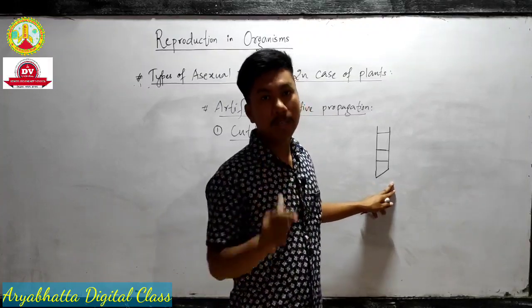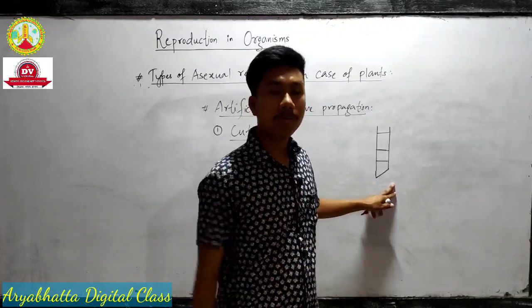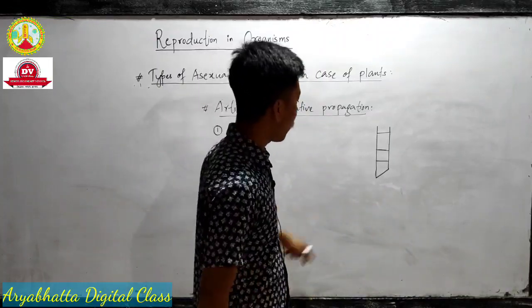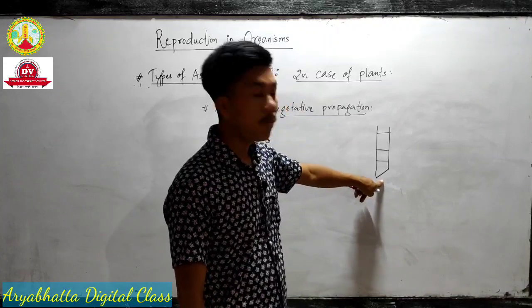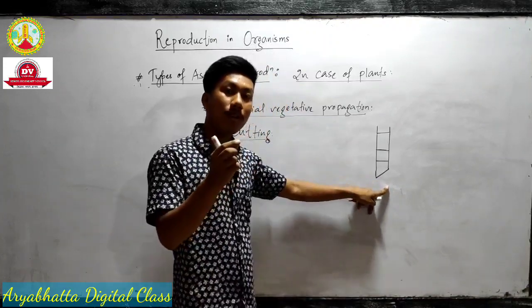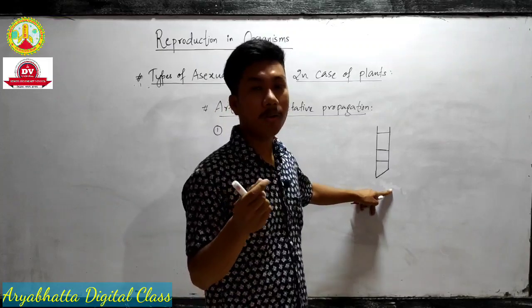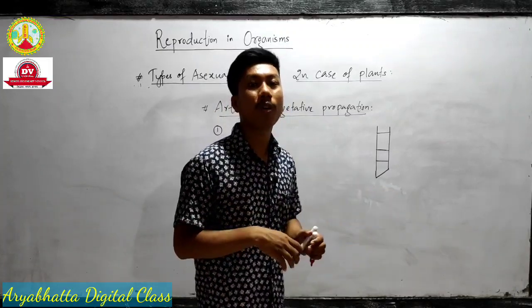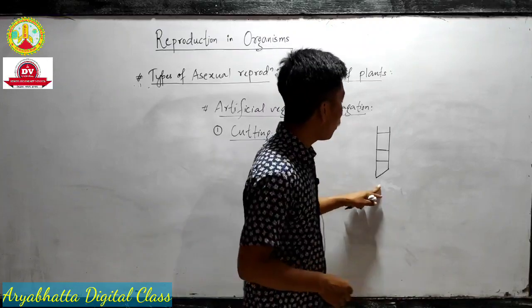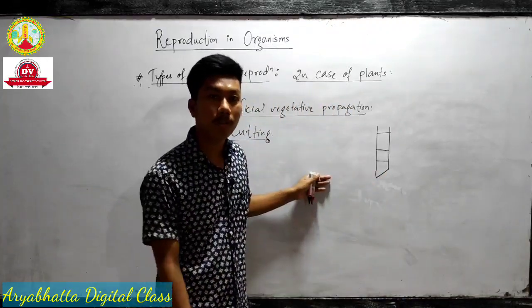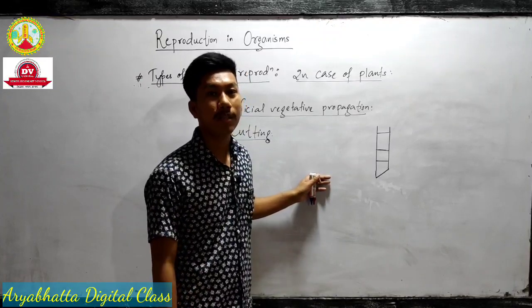Because it results in minimum damage to the tissue and maximum exposure of the tissue. After cutting, we add a hormone, auxin hormone, which is a growth promoting hormone, on the cut region, and we place it in soil.